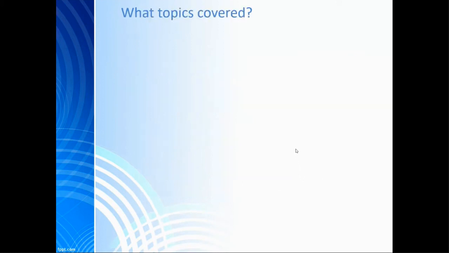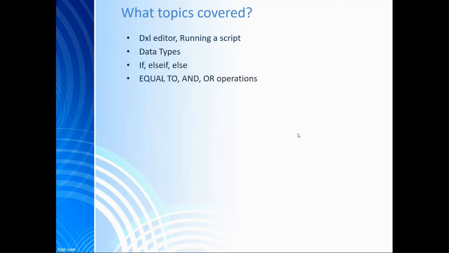So let us see what topics I cover in this training. First, I will explain what the DXL editor is and how to run a script using the DXL editor. I will explain data types, if, else if, and else in DXL, and conditional operators like equal to, and, or operations.